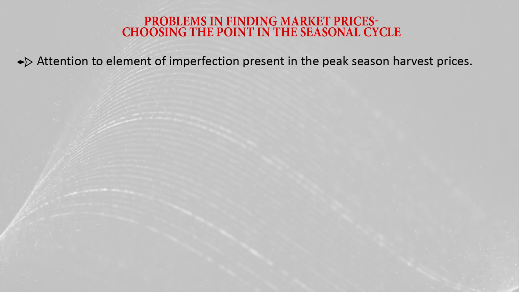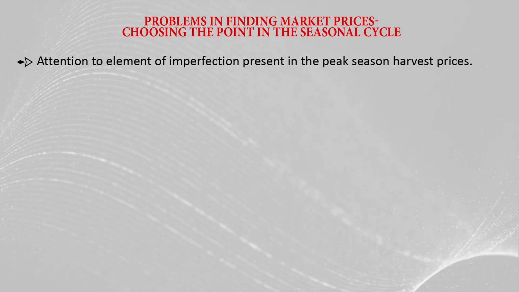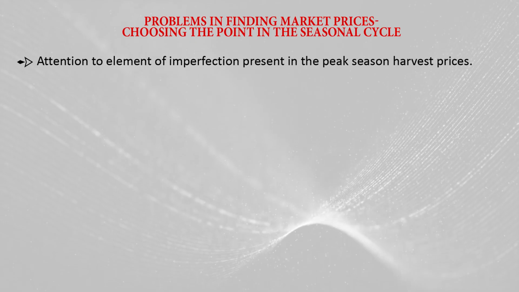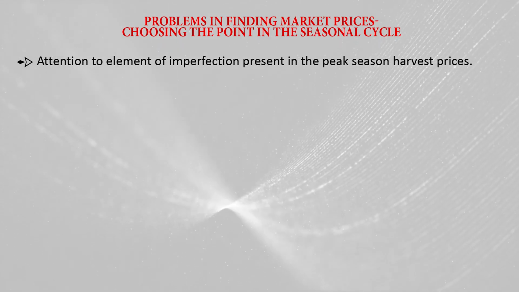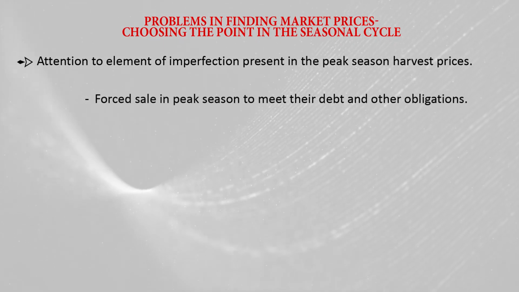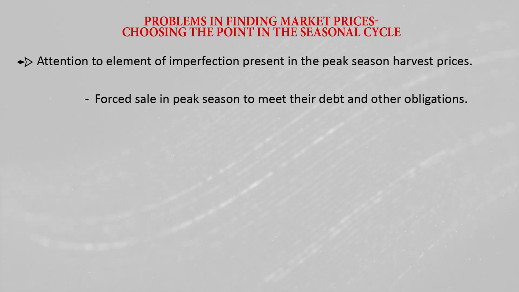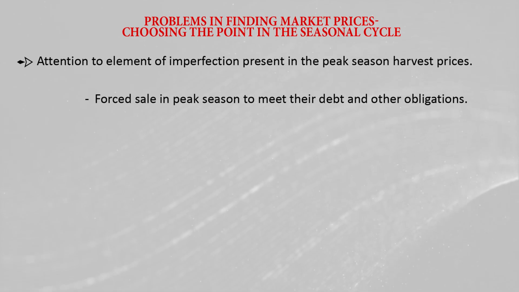Then another problem, when we talk about seasonality issues in agriculture prices, is that we need to give some attention to the element of imperfection present in the peak season harvest prices. Sometimes we find there is a forced sale in the peak season to meet debt and other obligations by the farmers.